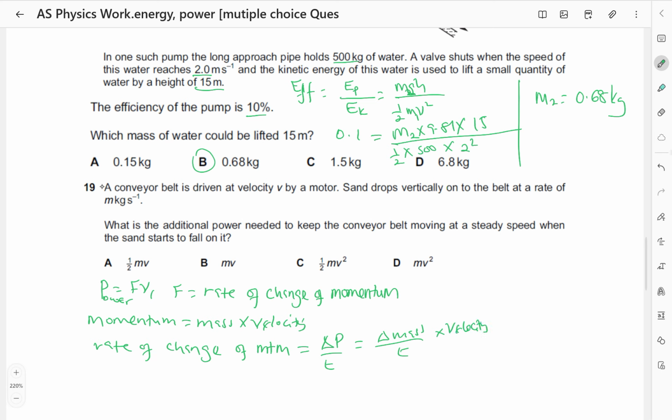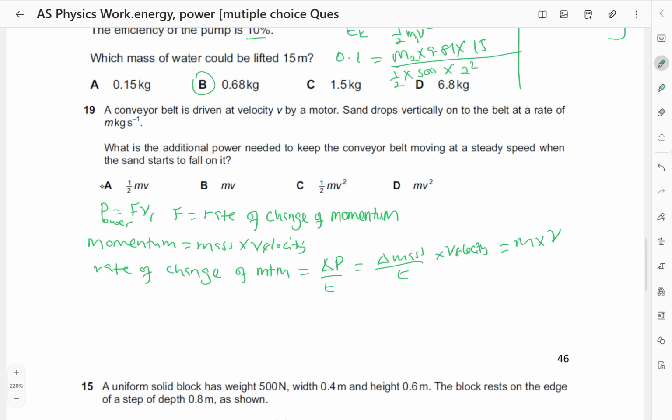That is the rate of change of momentum. And the rate of change of mass over time is given as small m. So this is going to be m times the velocity v. Remember, small m is the rate at which mass changes, mass per unit time, because it's in kilograms per second. That's why the change in mass over time is small m.